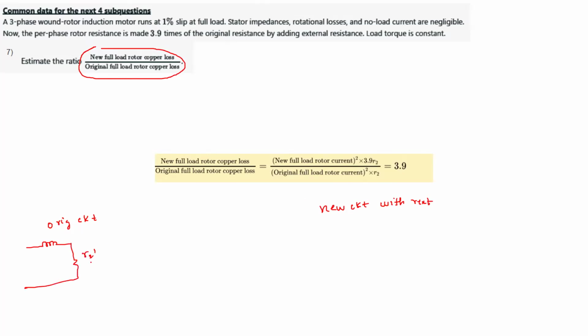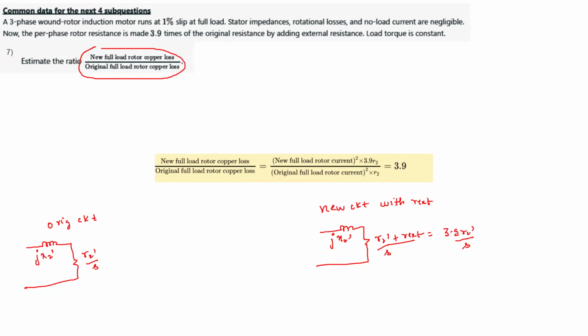This is R2' by S, and this is X2', basically j X2'. This is R2' by S plus R external, which is 3.9 times R2' by S.